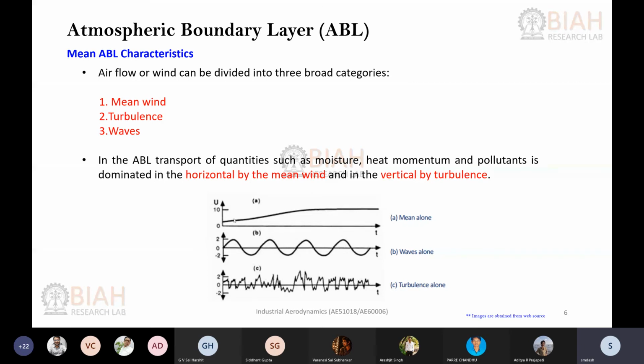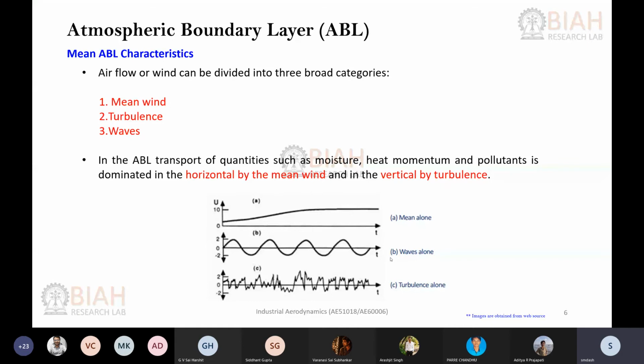So here I have shown them separately. Okay, this is the mean wind condition. You generally see that the mean wind stays more or less the same. If it is increasing, it will not be changing significantly. Rather, it will stay more or less the same, a horizontal line with time. Okay, there could be some waviness in the wind.